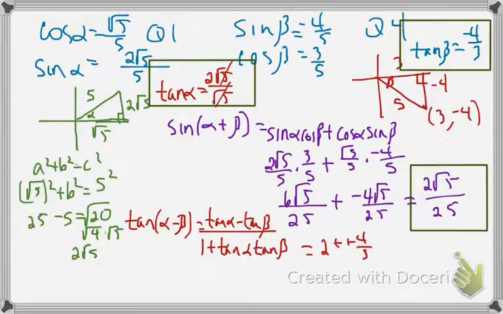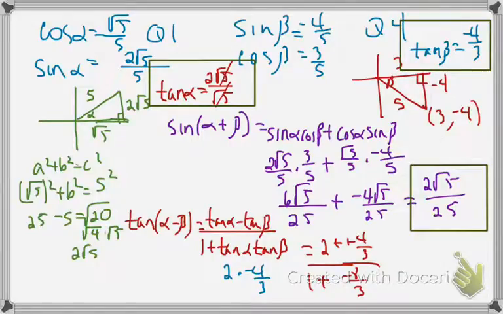That's going to kick back to your positive, right? Over 1 plus your tangent of alpha times the tangent of beta. I'm just going to come right over here underneath it, and let's do that. So alpha was 2, and beta was negative 4/3. So multiply that together. What are we going to get? Negative 8/3. Okay. So what do you have to do now?